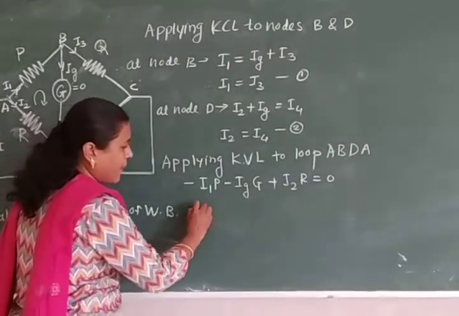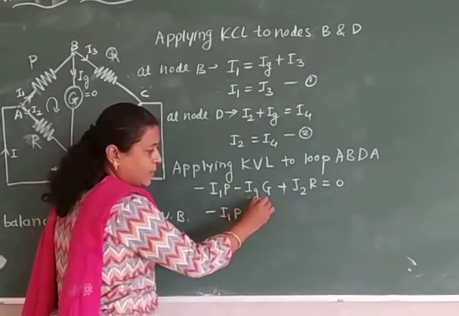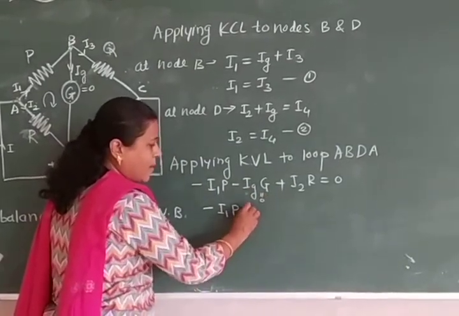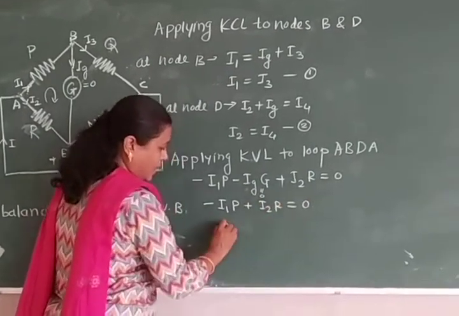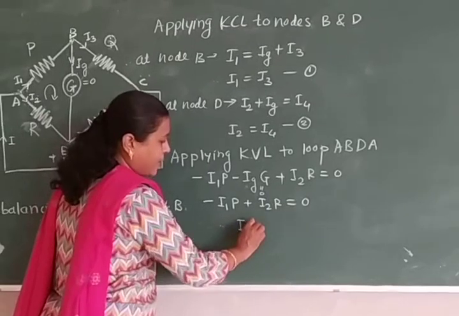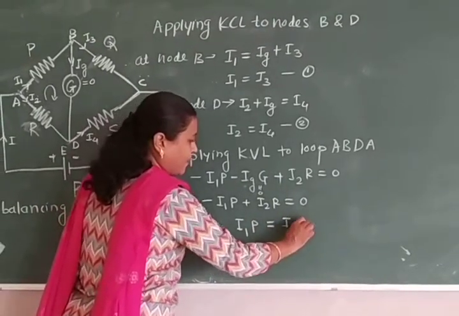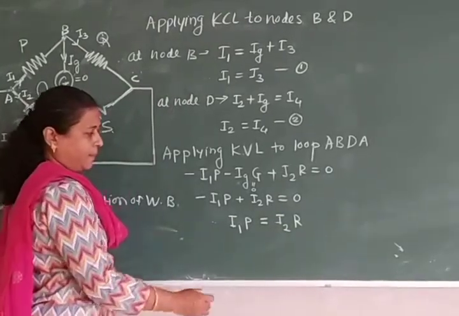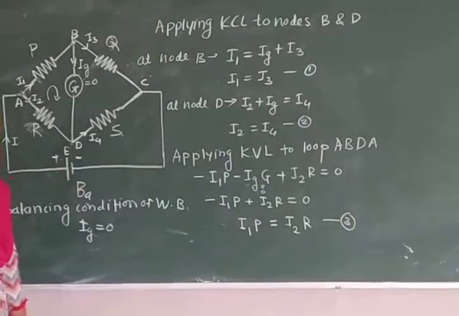Now we can simplify this. Ig is equal to 0, so this term will be 0, plus I2R is equal to 0. Therefore, I1P is equal to I2R. We call it equation number 3.